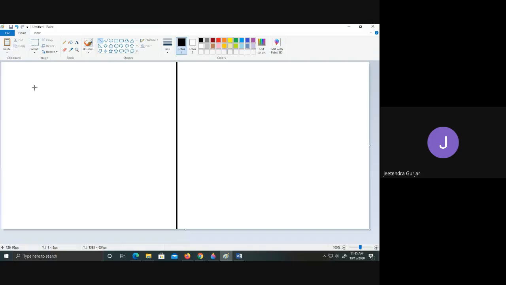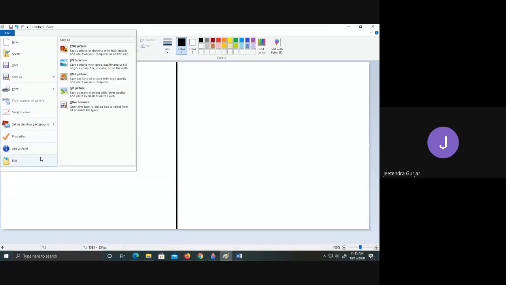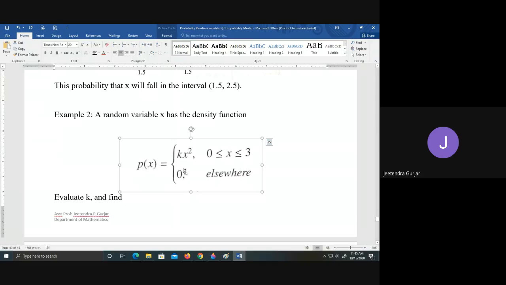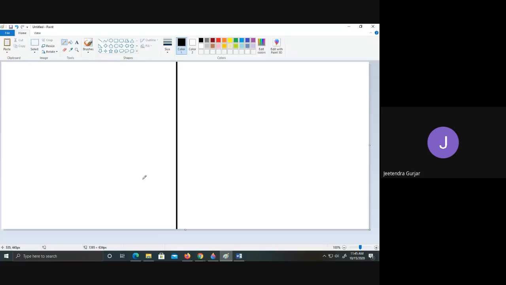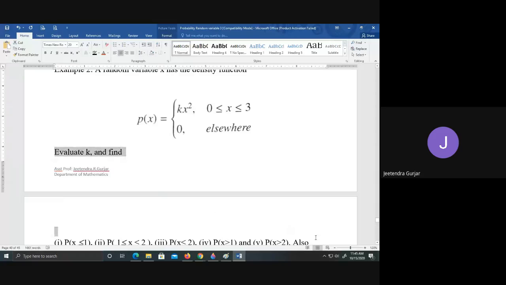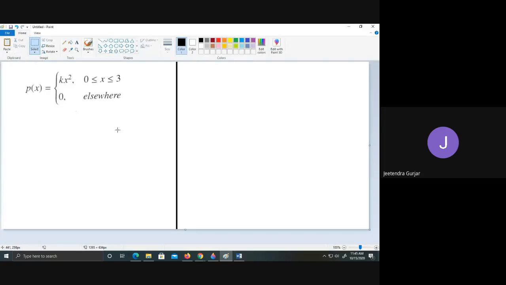Thank you. There is no paste option. Okay, this is what we have to calculate and find. You have to find all these terms, friends. I'll just put it here. Done.